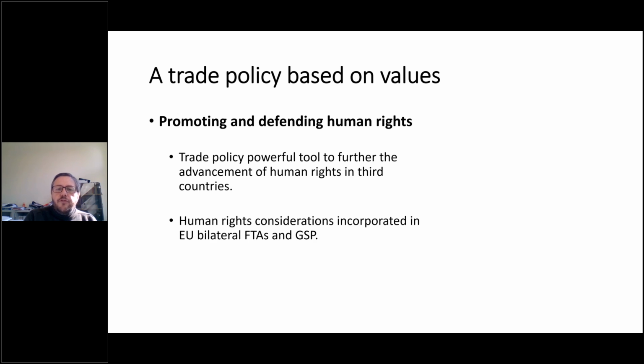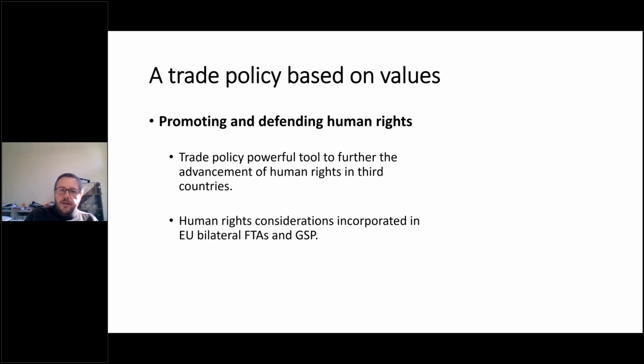And there are provisions of that incorporated in the FTAs and in GSP, and we will discuss more in depth how that is done and whether that's working and what some of the issues are related to that.